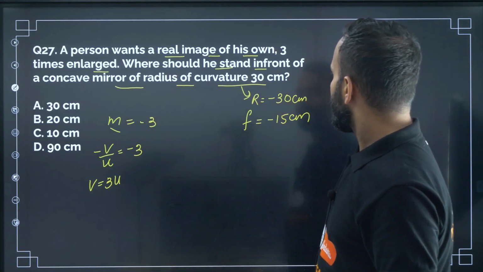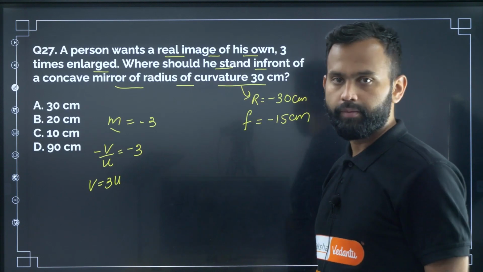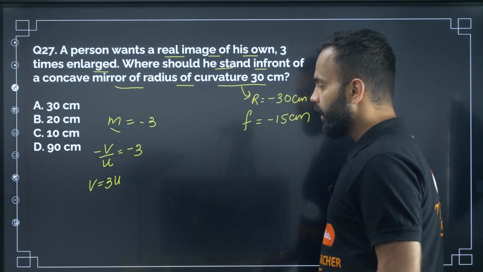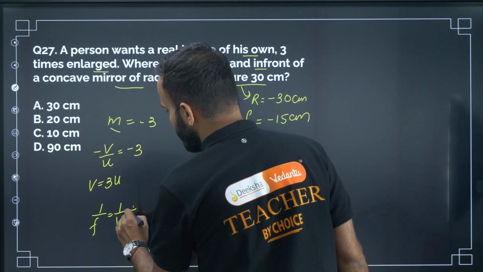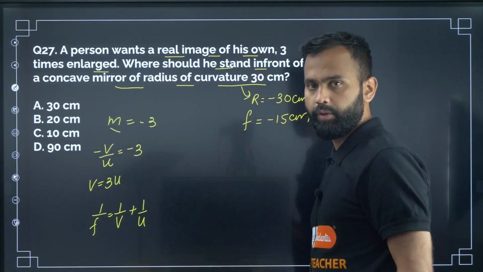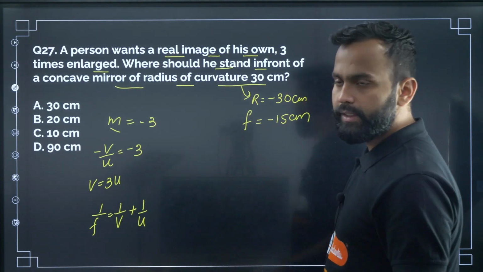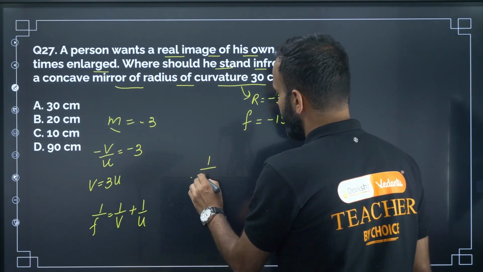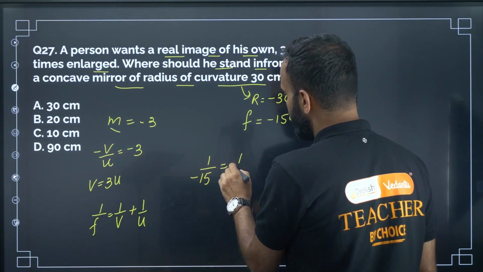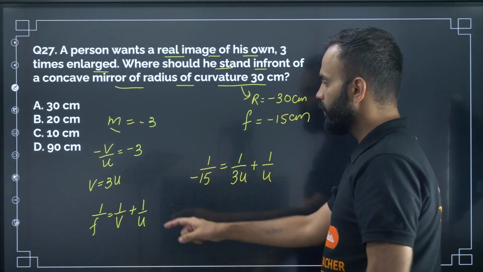Here we need to find the value of u. Apply the mirror formula, 1 divided by f equal to 1 by v plus 1 by u. Now focal length is minus 15 centimeter. So 1 divided by minus 15 is equal to 1 divided by 3u plus 1 divided by u, because v equal to 3u.